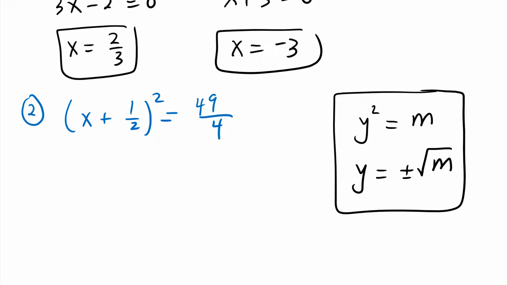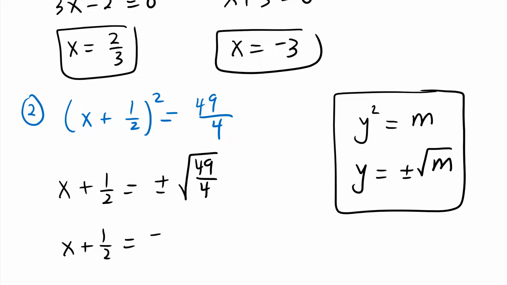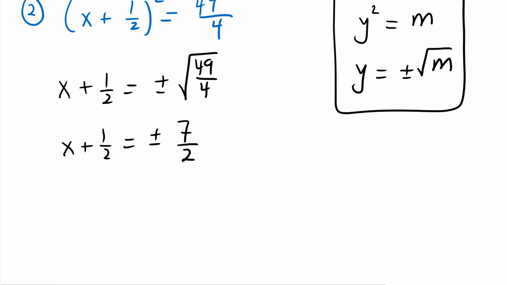So if I want to apply it to this example here, we get x plus 1/2 is plus or minus the square root of 49 over 4. And we know the square root of this is 7/2. But don't leave it like this.